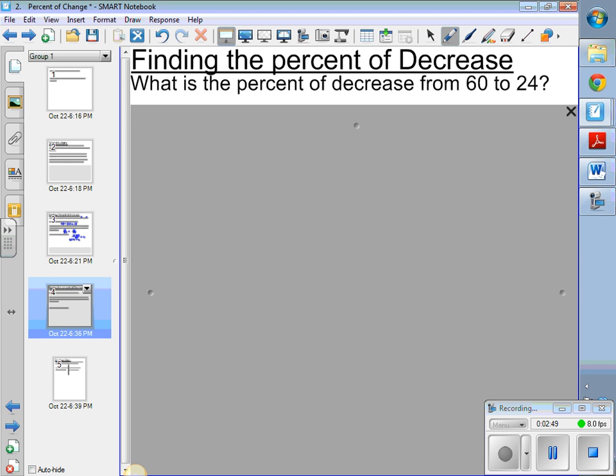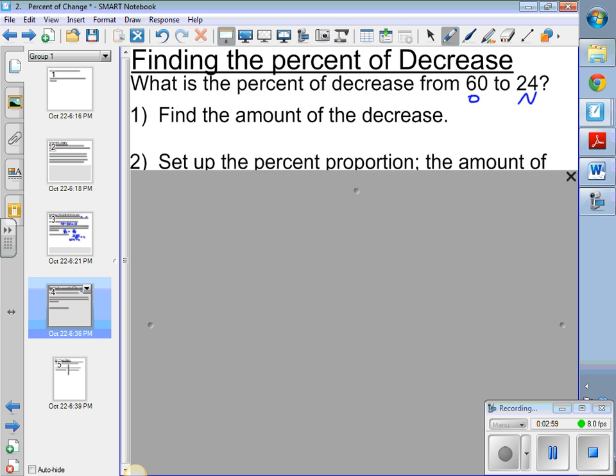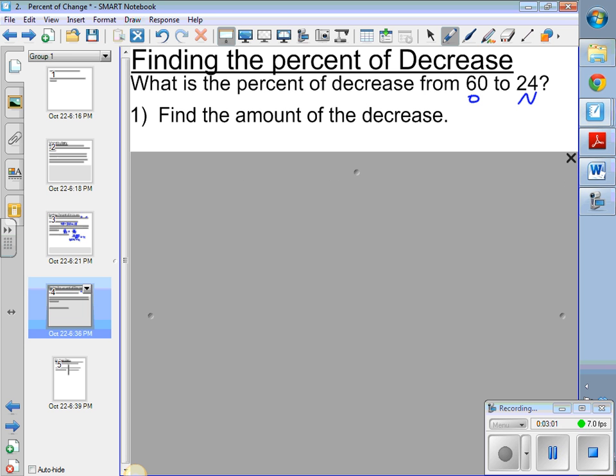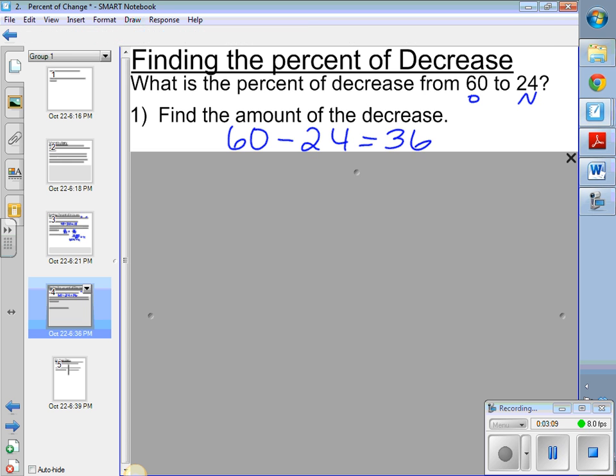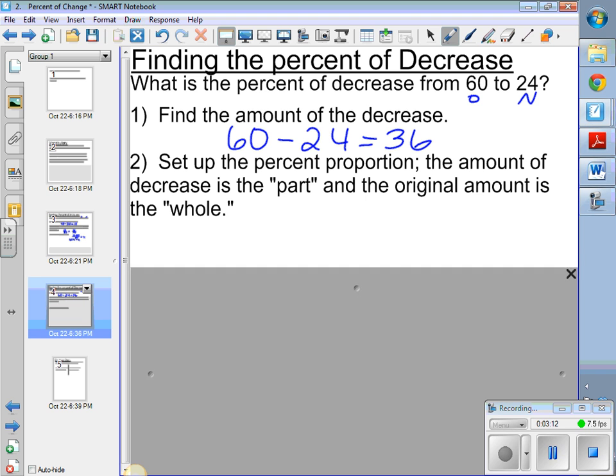What is the percent of decrease from 60, our original, to 24, our new? All right, so we're going to find the amount of decrease. 60 minus 24 is 36. We're going to set up the percent proportion. The amount of the decrease is the part, and the original amount is the whole.